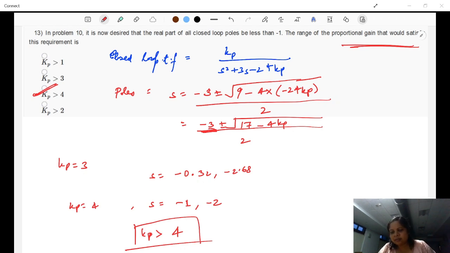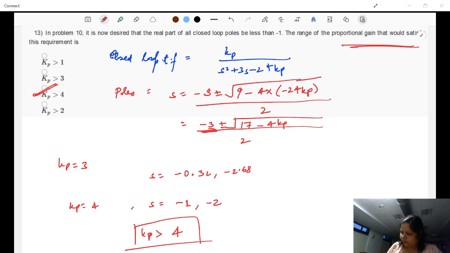Madam, 17 minus 4kp, root of 17 minus 4kp should be greater than 3. Yes, you can do it that way. No, you do not need to see.